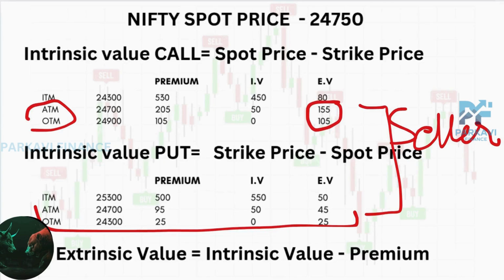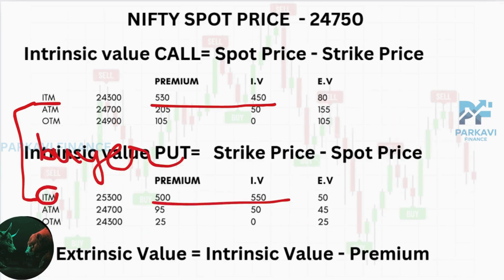Therefore, you will get the entire profit. While intrinsic value is 0, extrinsic value is high, so at that time you will get a good profit on the seller side. We will get the entire premium of 205 for the call option, 205 entire premium we will collect as the seller.